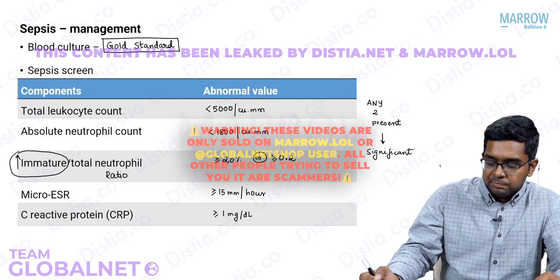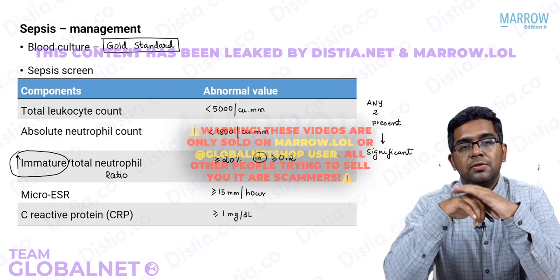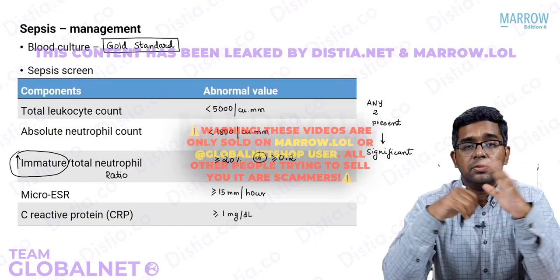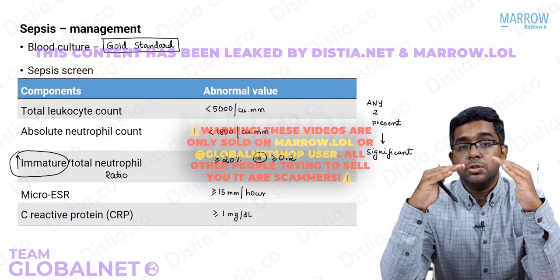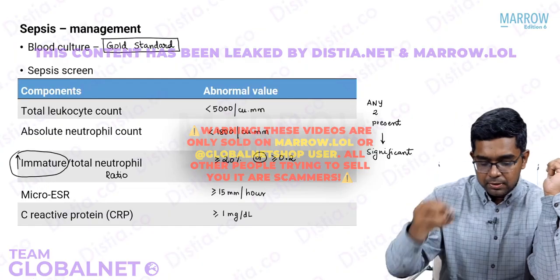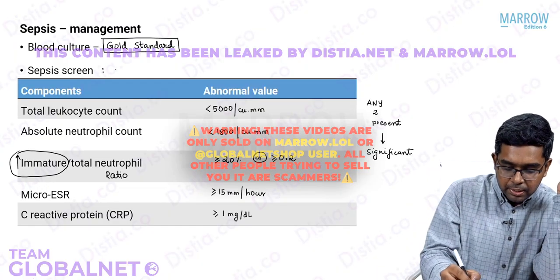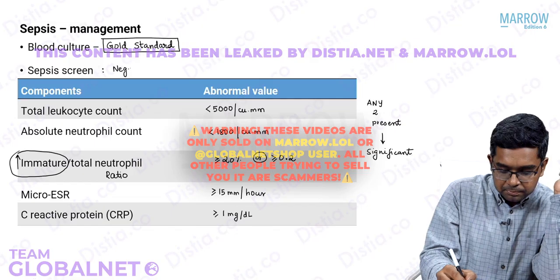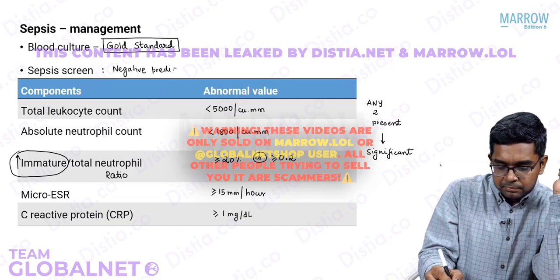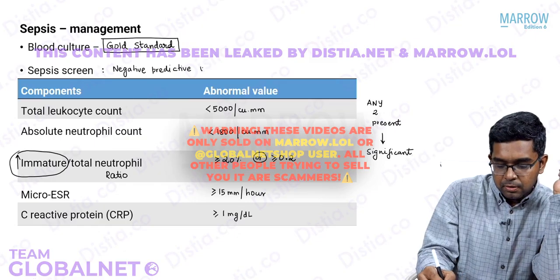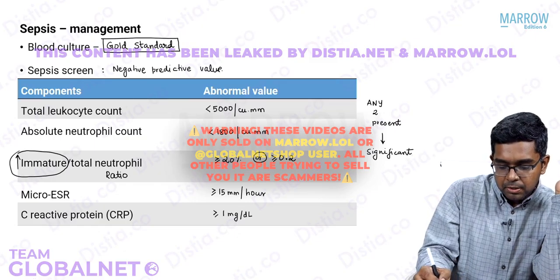Okay? Now, understand the role of sepsis screen. It is not for diagnosis of infection. The value of sepsis screen is to rule out an infection, or in other words, it has a negative predictive value. What is the meaning of negative predictive value?